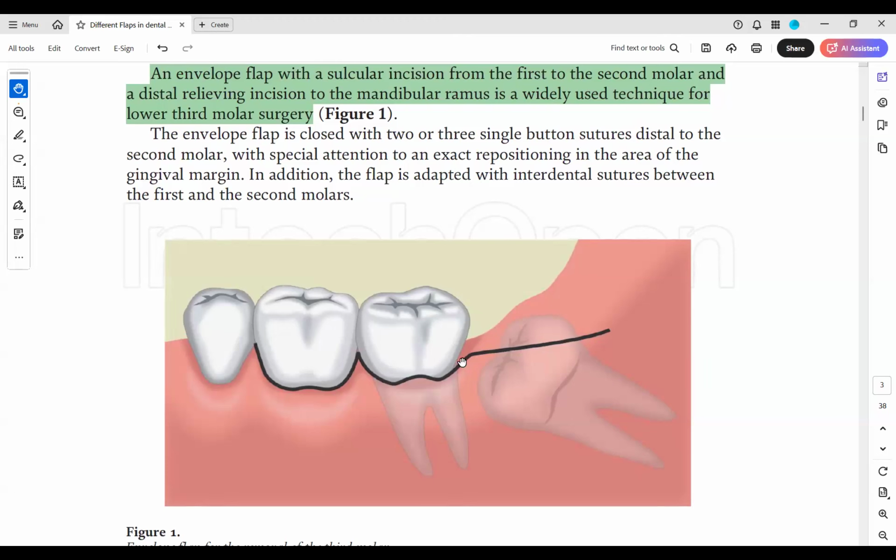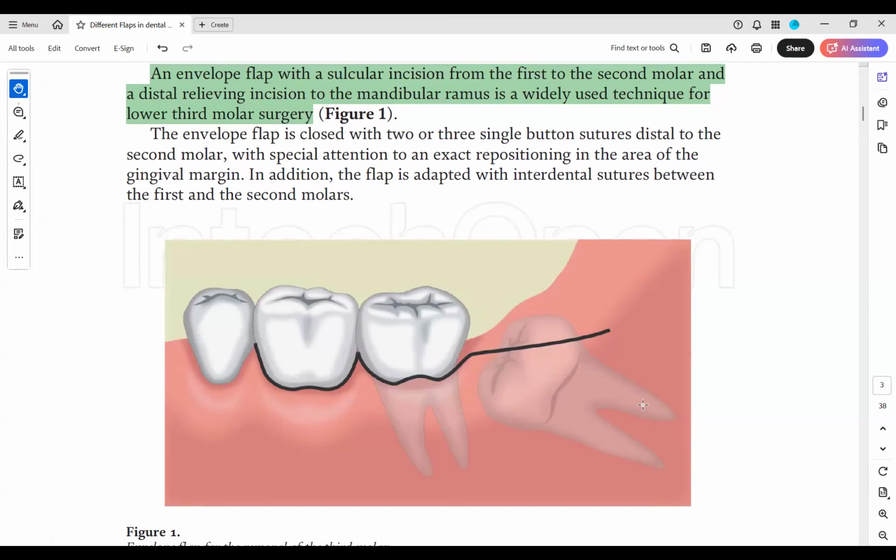It doesn't have any vertical release, which is why it is just an envelope flap. One benefit is that it has a very wide base. Because you're not giving any vertical incision, the base of the flap is quite wide.